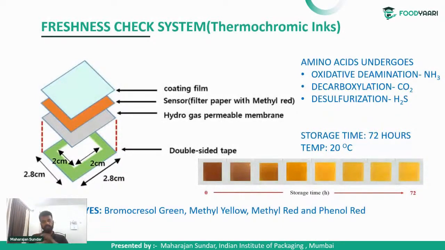Okay, we will take the case of a beef product. Beef is a product which is packed inside a packaging material. And beef, as it is protein based, with a high protein content, has an ability to undergo deproteinization or fragmentation of beef components. Even though the storage condition is mentioned on the package, storage time 72 hours and temperature 20 degrees Celsius, the beef starts to naturally degrade.